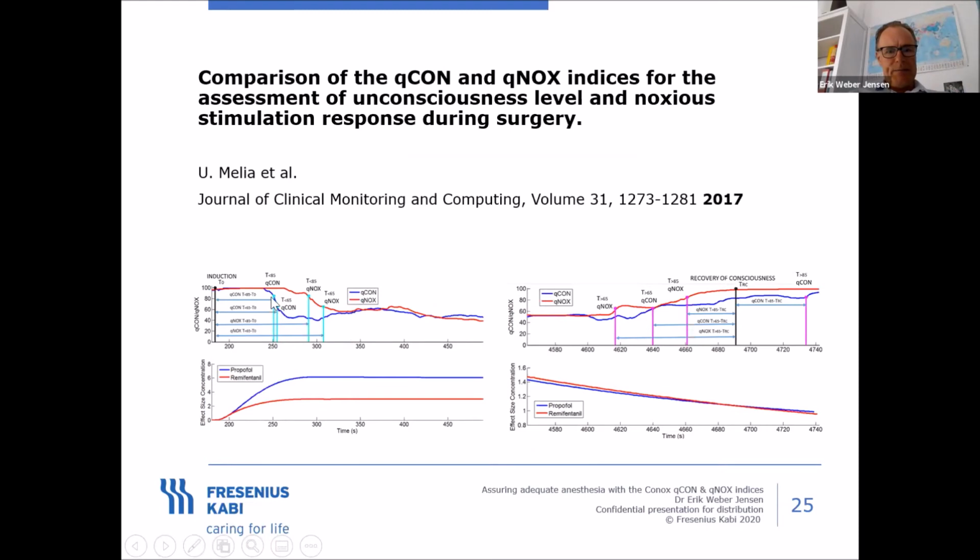So it's quite clear that the qCon dropped before the qNOX, and vice versa. When the patient is waking up, then the qNOX is increasing before the qCon. So we could define qNOX also as an index of early arousal.